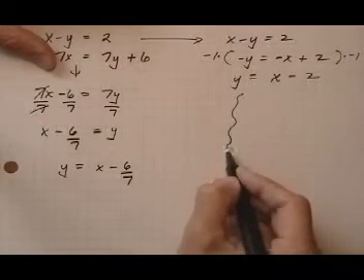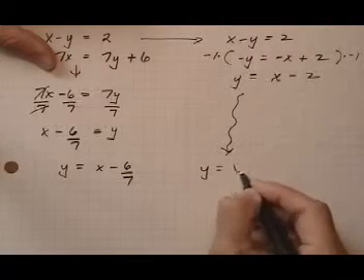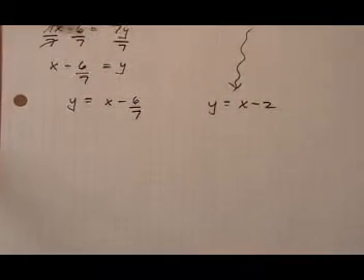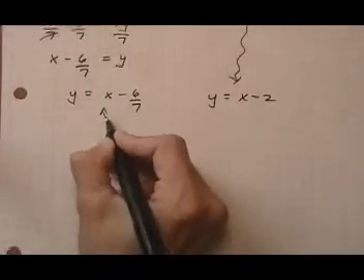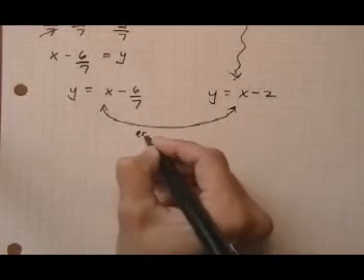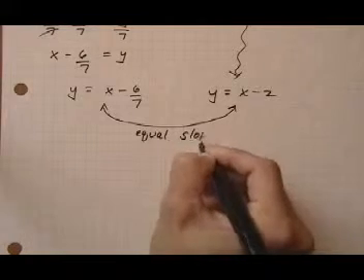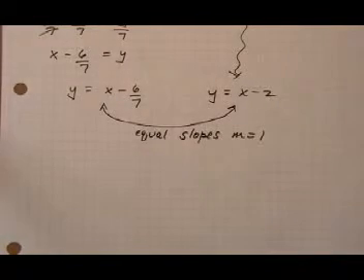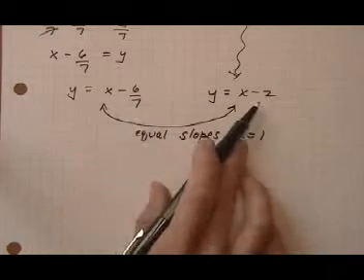Alright, and then when we're comparing it to y equals x minus 2, let's look at the slopes. Both slopes are 1. Equal slopes. So that means either we have two lines sitting on top of each other, or we have parallel lines, depending on the intercepts. The intercepts are different.